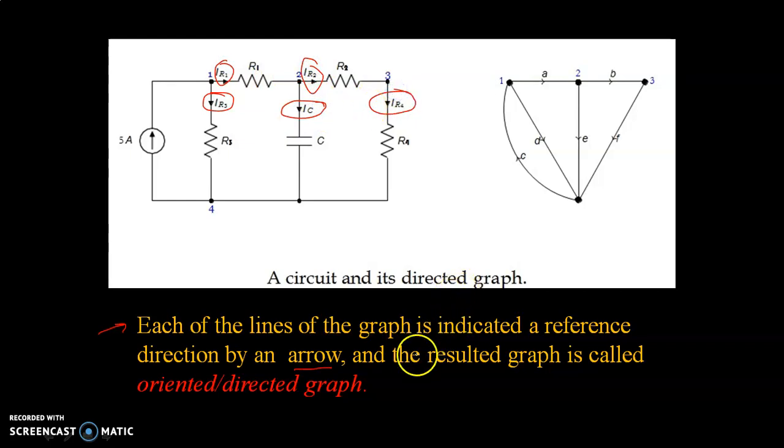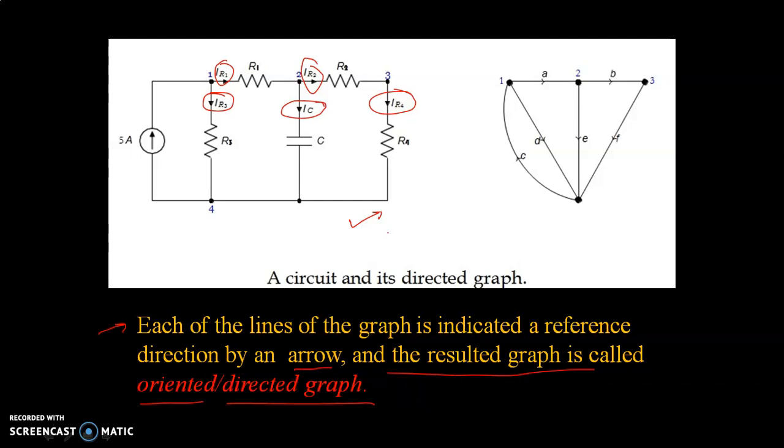It is given to you, and the resultant graph is called an oriented graph or directed graph. What we have done is draw the graph of the circuit given in the previous frame. Now we will just put on the given directions on the graph.